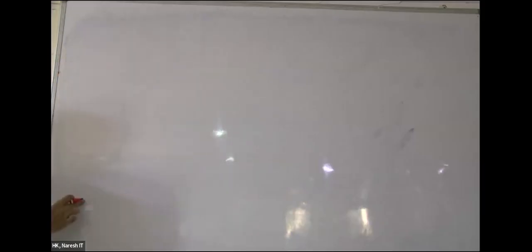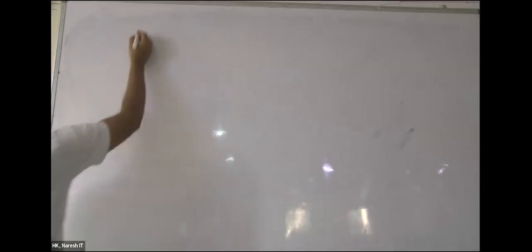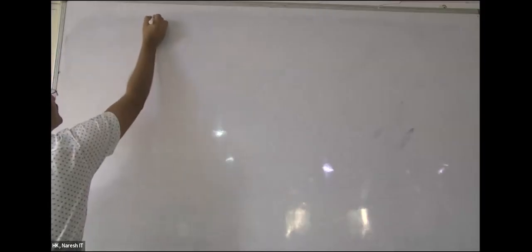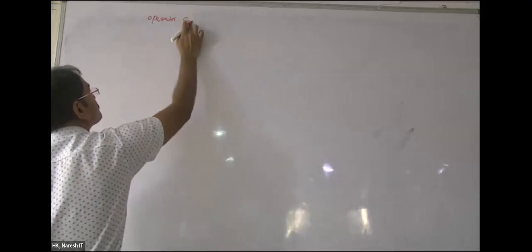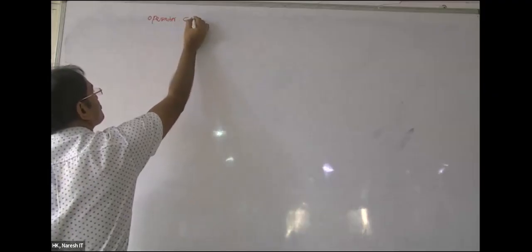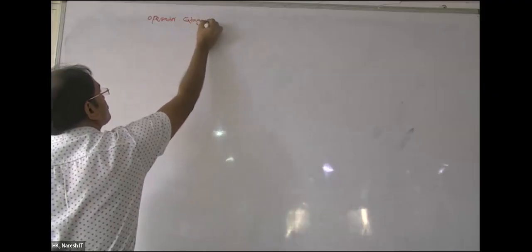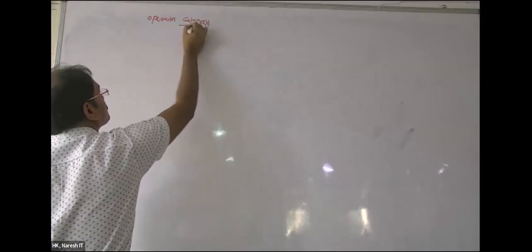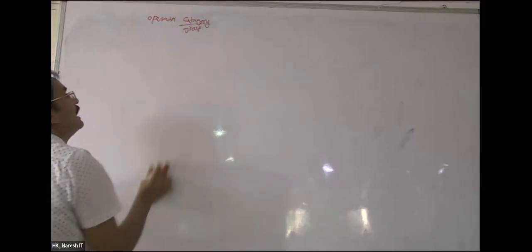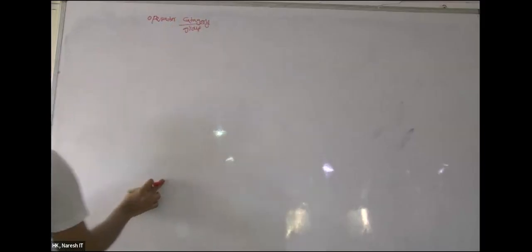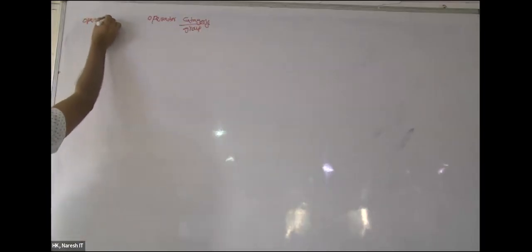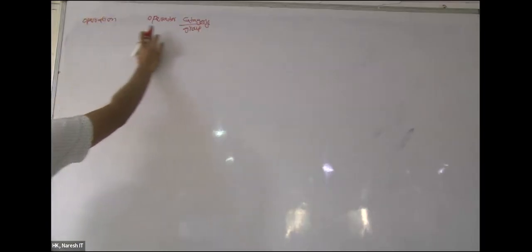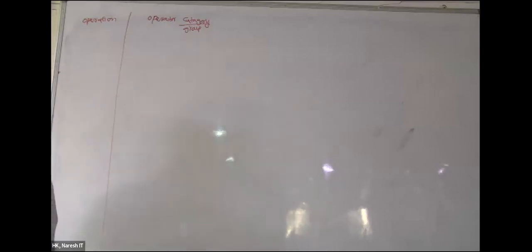Leave the right side and left side gap so that you can write validation and calculation also. Here, first column, operator category or group.